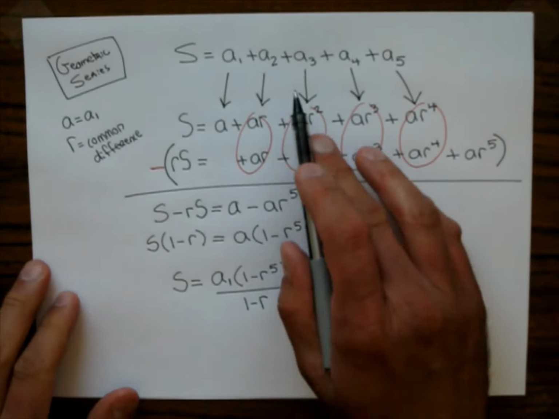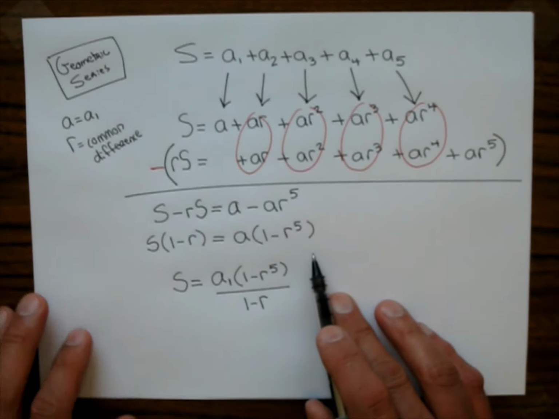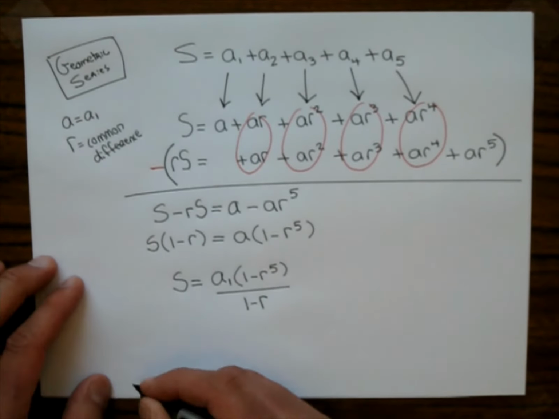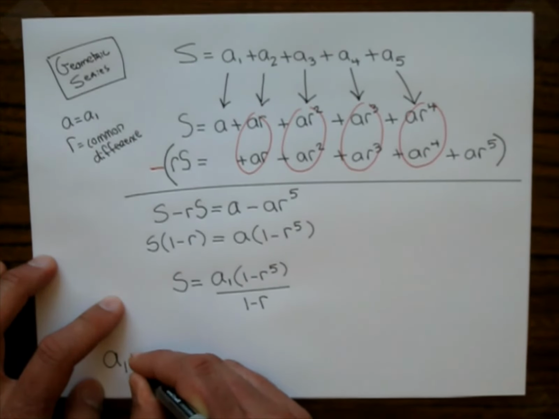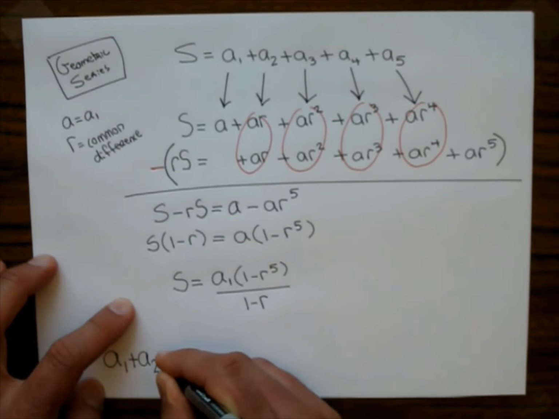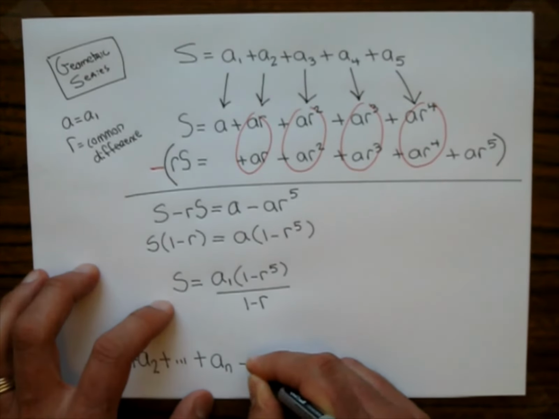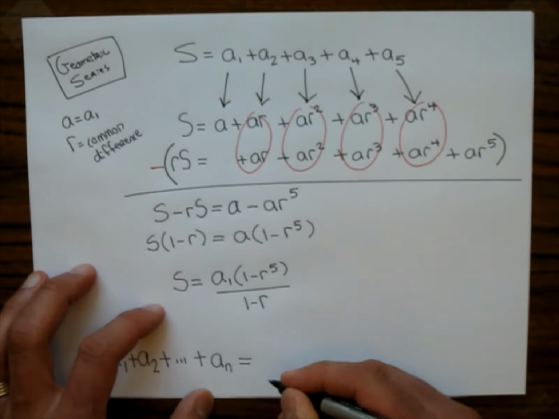Okay, so look what happens when we sum up 5 terms of a geometric series. You end up getting this, and you end up having a 5 here. So if I were going to sum up the first 11 terms, the only thing that would change here is I would have an 11 there. So with a geometric series, if I sum up the first n terms, I'm going to have this formula, and the only difference is there's going to be an n there where the 5 is.